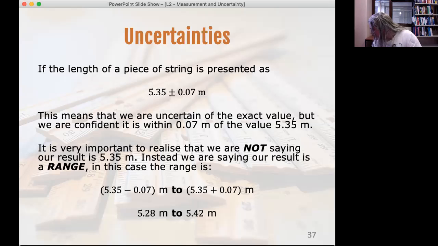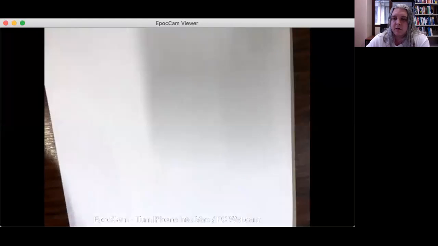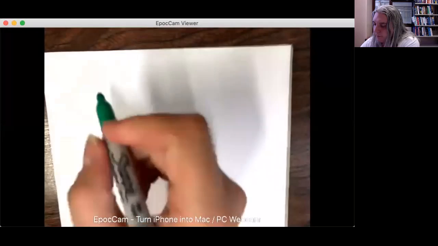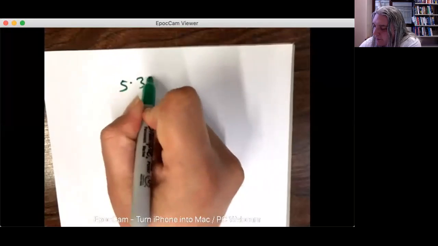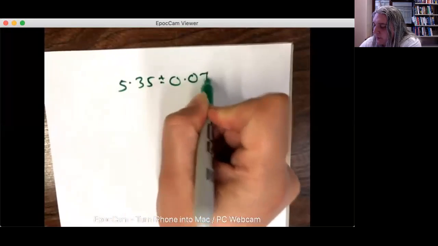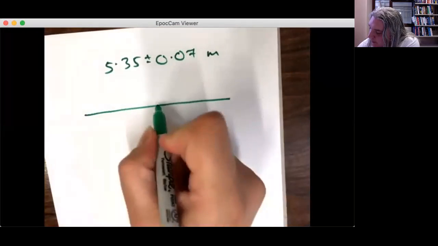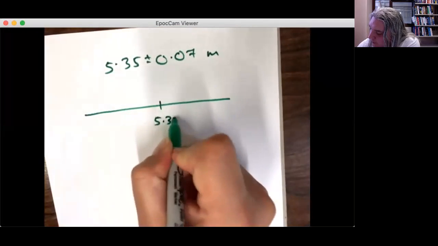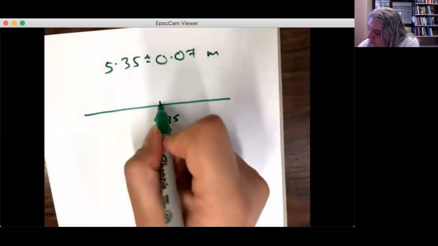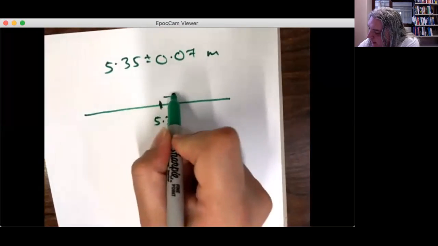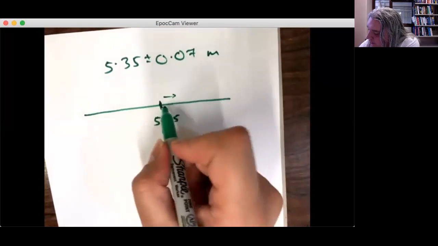I'm just going to jump back to the document camera. I just have to get a new sheet of paper. We'll jump back to the document camera for a moment, and I'll just reiterate this. If we've got the value of 5.35 plus or minus 0.07 meters. What that means is that we think 5.35 meters, that's our central value, but it could be up to 0.07 higher, right?